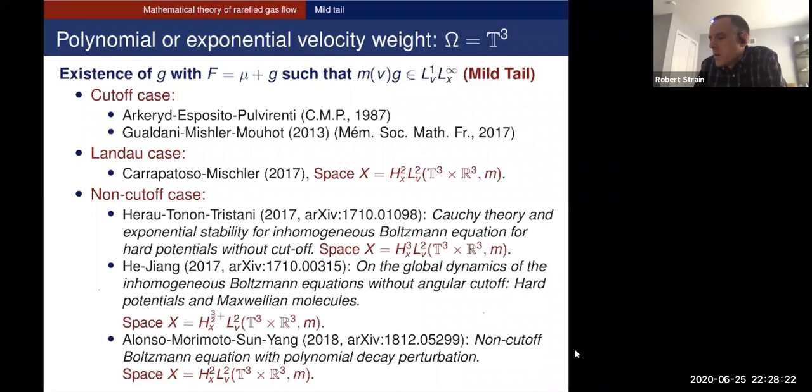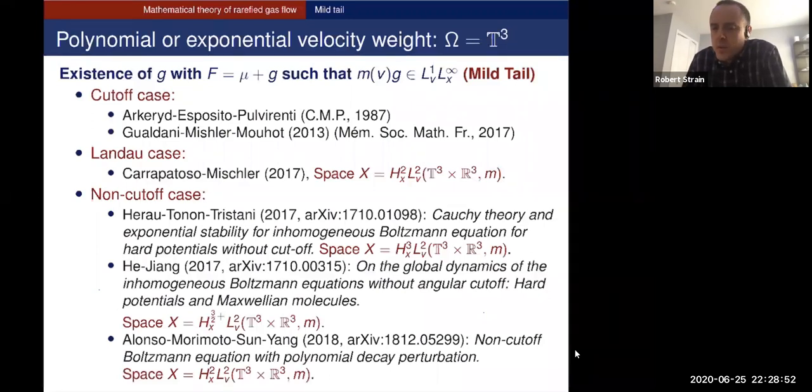There was an early result by Arkeryd, Esposito, and Pulvirenti in this direction. And then there was this paper by Gualdani, Mischler, and Mouhot, which first appeared in 2013. It was published in 2017 in the Mémoires de la Société Mathématique de France. And it proposes a general method to iterate the semigroup approach and enlarge the functional space.